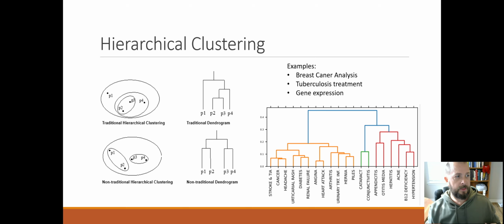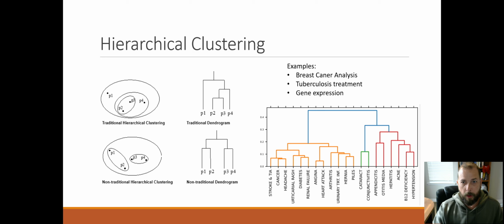Some of the examples of this is breast cancer analysis. Hierarchical clustering can help identify different subgroups within breast cancer patients with distinct characteristics and therefore different or similar prognosis. Tuberculosis treatment, identifying clinical pathways and predicting treatment outcomes in tuberculosis patients.